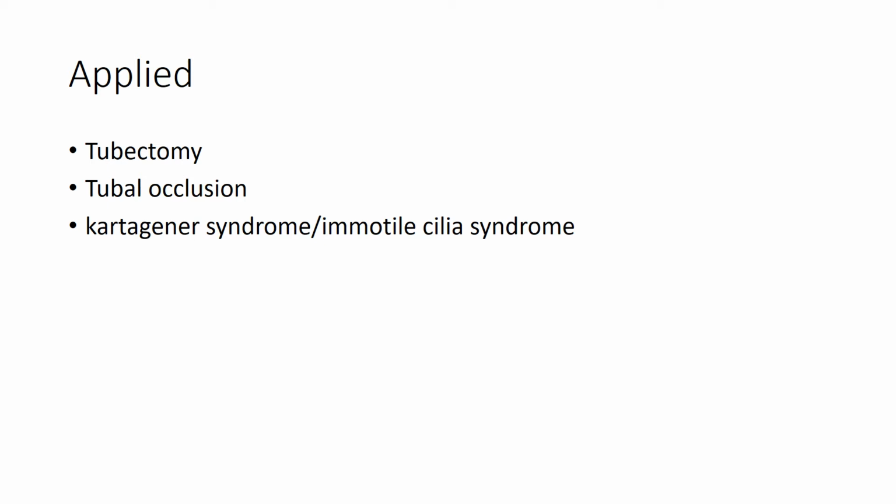There may be situs inversus as well. But in the case of the uterine tube, the cilia don't beat towards the uterine cavity to move the embryo towards the uterine cavity for implantation. So that may also cause infertility, and that is Kartagener syndrome or immotile cilia syndrome.